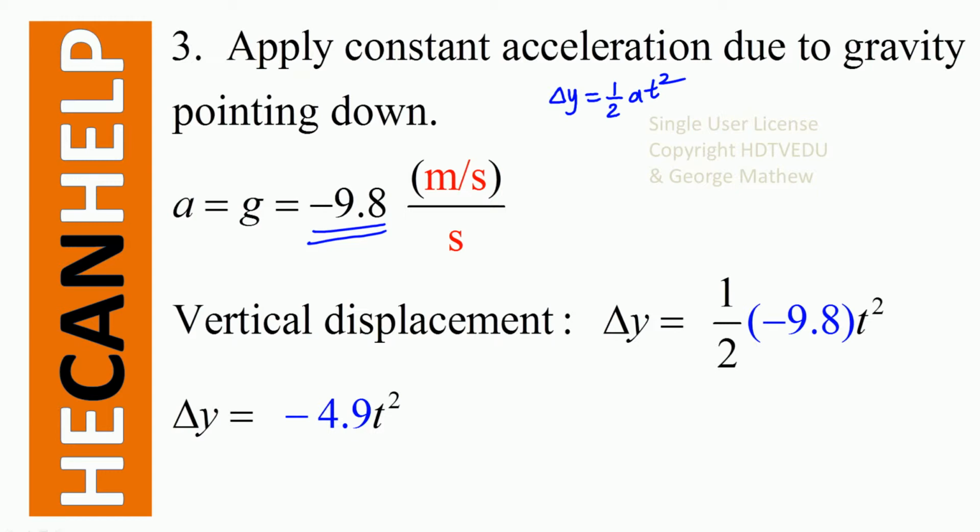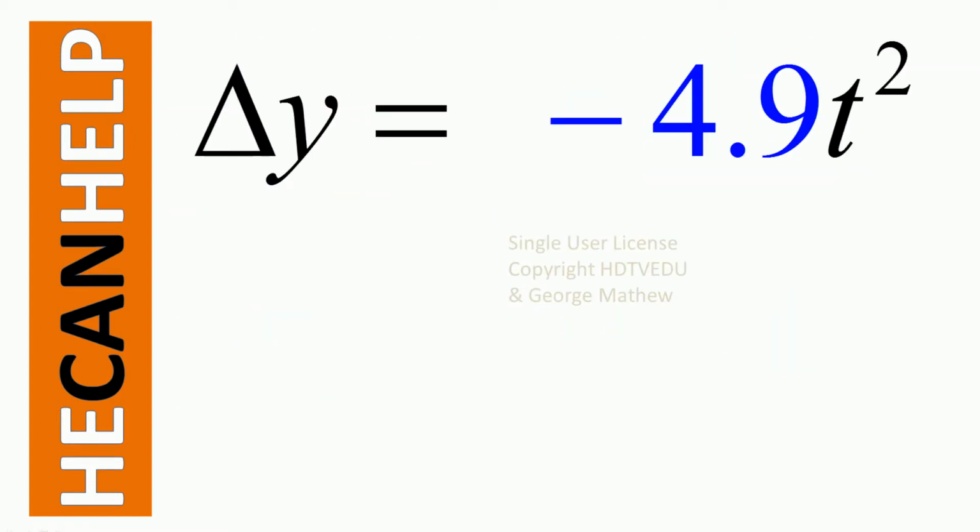When we substitute for a, we get 1/2 times negative 9.8 t squared. And what is 1/2 of negative 9.8? Negative 4.9. And then we still have t to the power of 2. So our delta y, our displacement along the vertical, is negative 4.9 t squared.